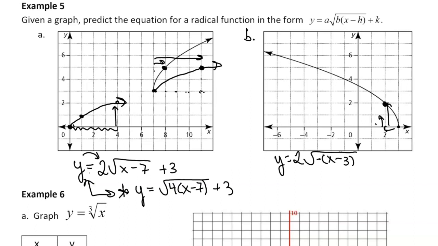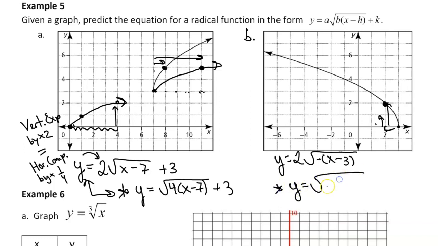In this case, that means that a vertical expansion using the square root function by a factor of 2 is equal to a horizontal compression by a factor of 1/4. And that's going to be true for square root functions. So you could do the same thing for part B, and you could have also said y equals negative 4 x minus 3 like that.